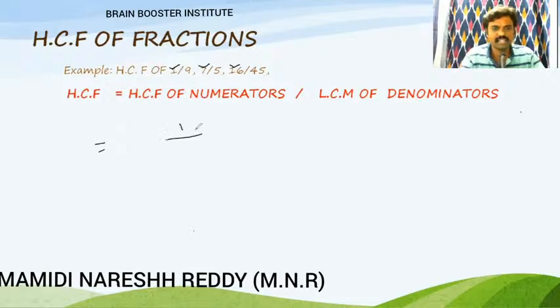You can check: 7 minus 1 is 6, 16 minus 7 is 9, and 16 minus 1 is 15. The smallest difference is 6. As 6 is not a factor of these three numbers, we need to factorize 6.